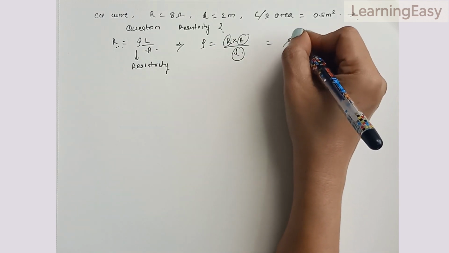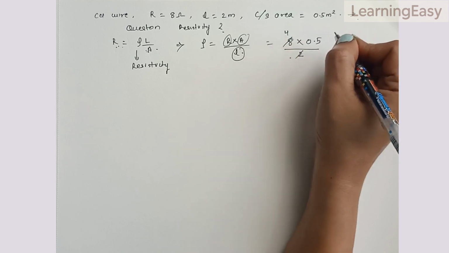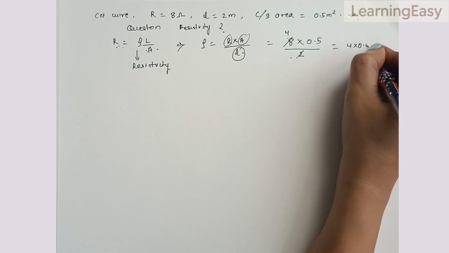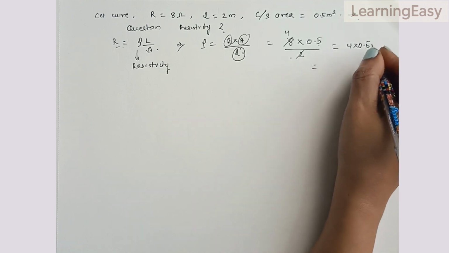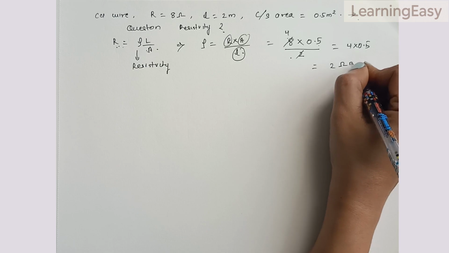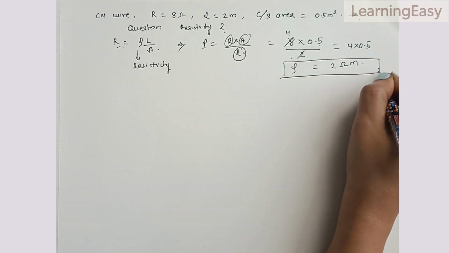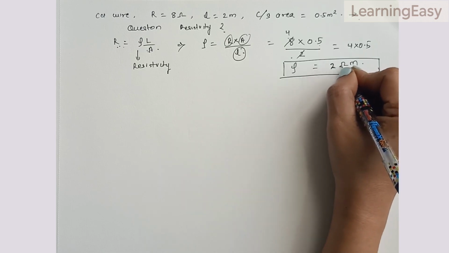So this comes as 2 multiplied by 4 is equal to 8, so 4 multiplied by 0.5. This comes as 2 ohm meter. So the resistivity of the conductor comes as 2 ohm meter.